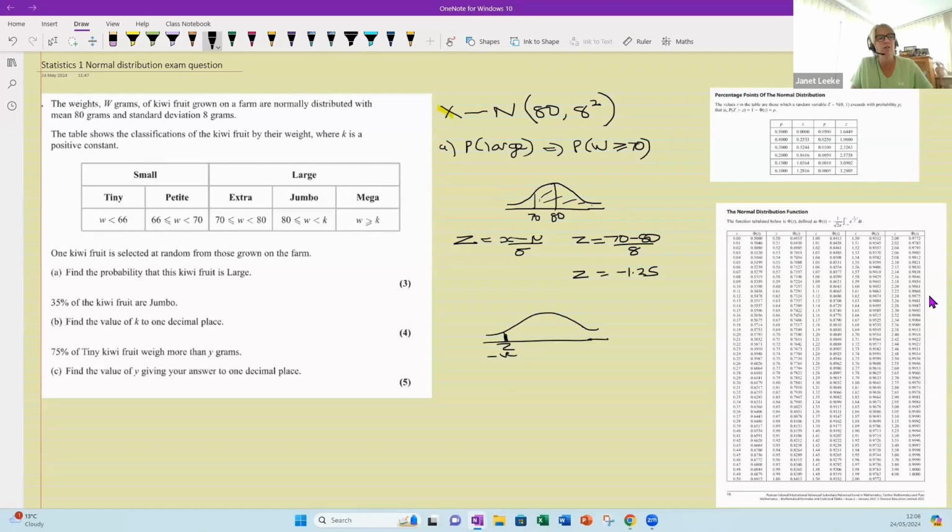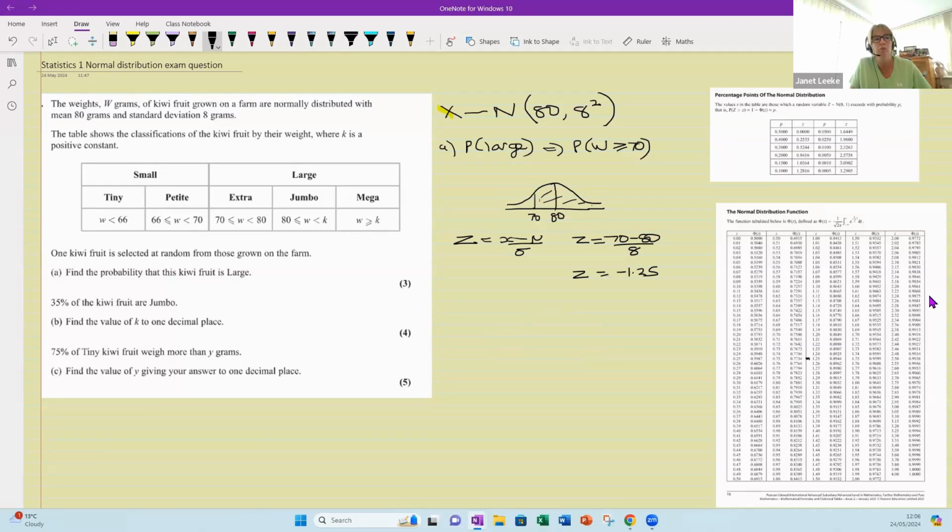But at the same end over here, let's assume they're the same area, and I've drawn that exactly the same way, that will have the same value, but it will be positive. And that's the beauty of the normal distribution. We can use the symmetry of it. So instead of looking up minus 1.25, I'm going to look up positive 1.25, which is here.